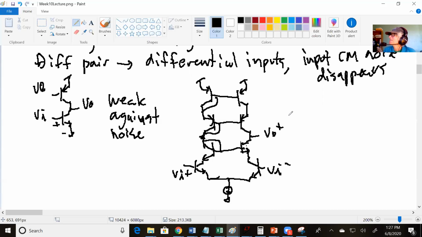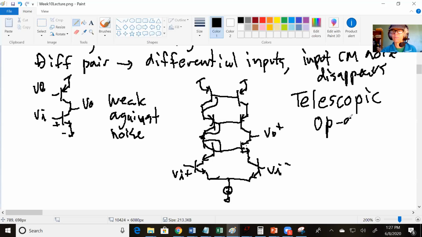Your input's balanced, so common mode noise goes away. So this is actually a really well-known amplifier, and because it's all stretched out, it's called a telescopic op amp. It's really not a complete op amp because the R out is so high. If you hook this up with feedback, something would fail.